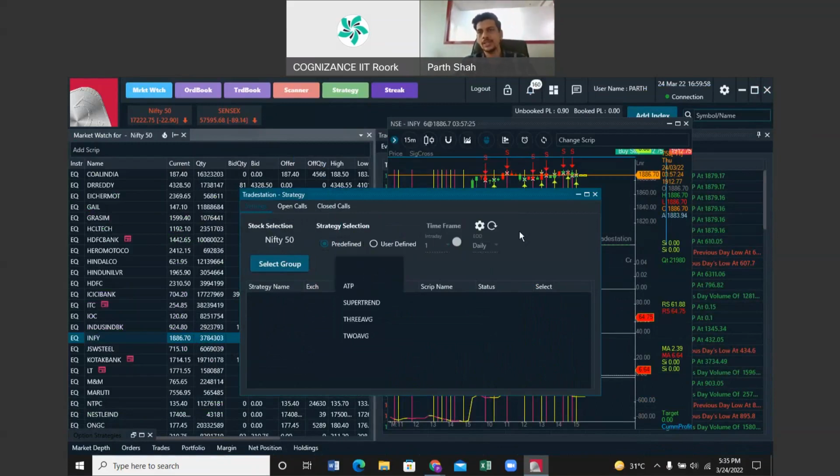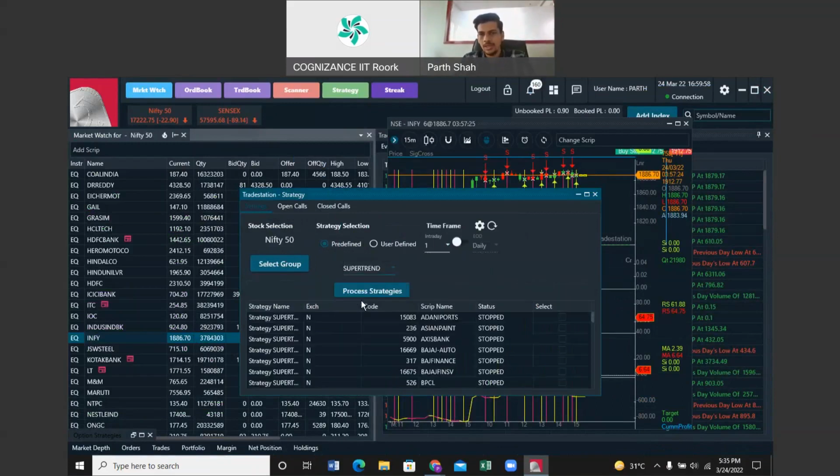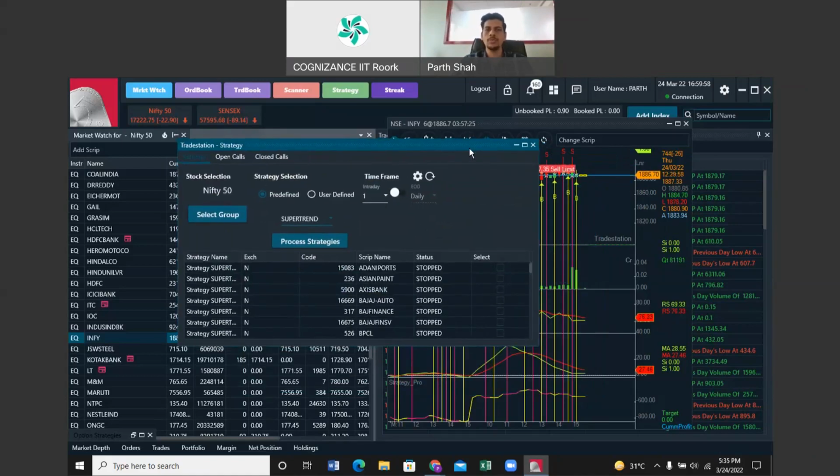I have created this strategy but haven't saved it, but I'll take this very quickly. Say I want to see the Supertrend strategy. If I am placing it on the chart, I want to see if I would be trading only on the basis of the Supertrend strategy and how it would have performed.